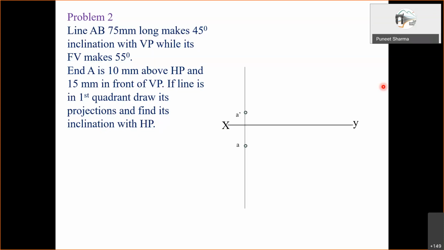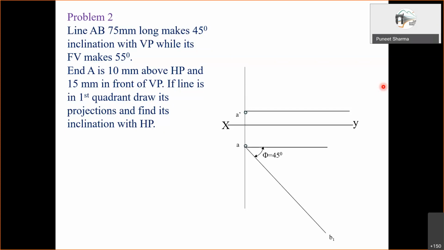Right, then thereafter we have the inclination of the line and the true length with respect to VP. Inclination with the VP will be seen in the top view when we assume the line parallel to the horizontal plane. So we assume it parallel to the horizontal plane and then we obtain this.